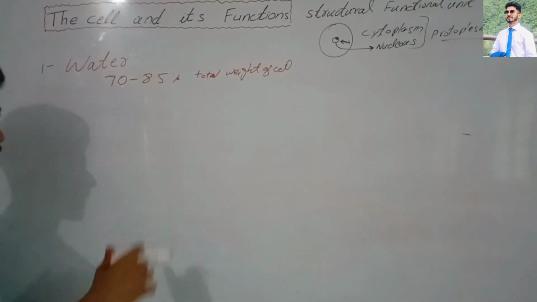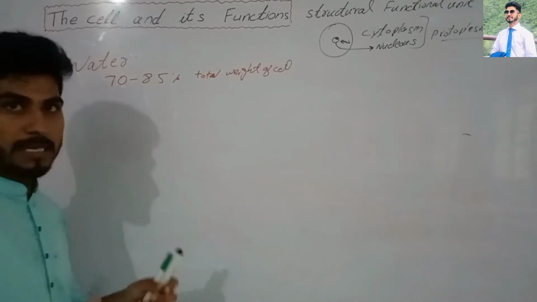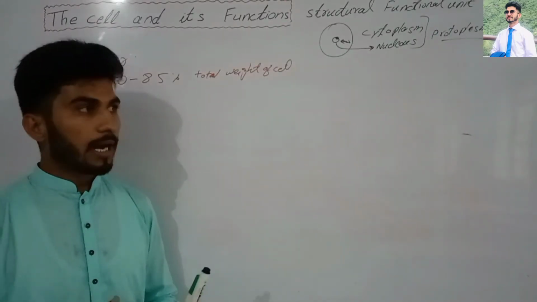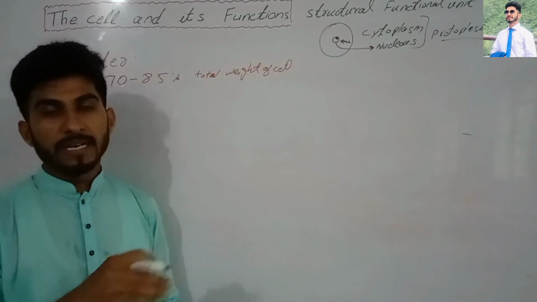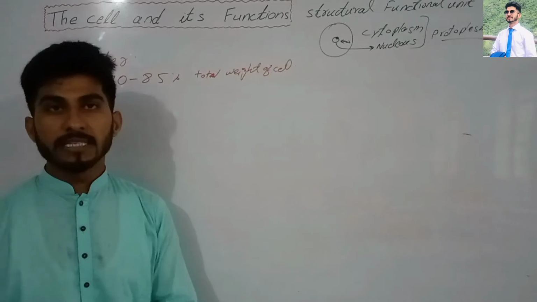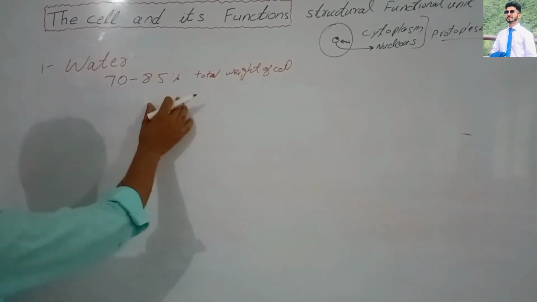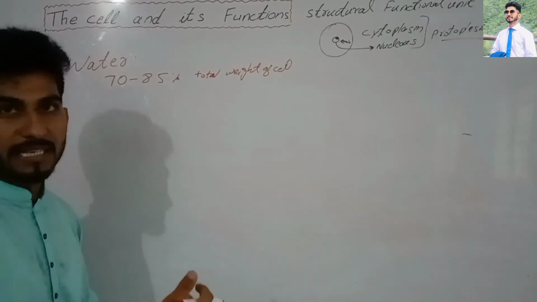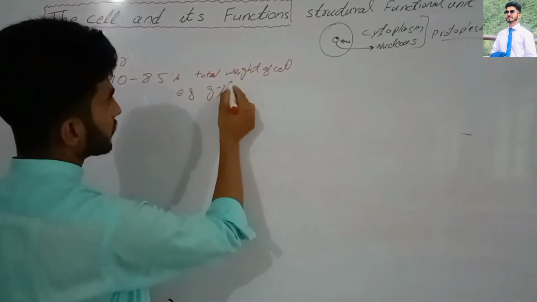Water also provides an environment for different chemical reactions. For example, the cytosol of the cytoplasm is almost 90% water, and in the cytosol different types of reactions take place, for example, glycolysis.